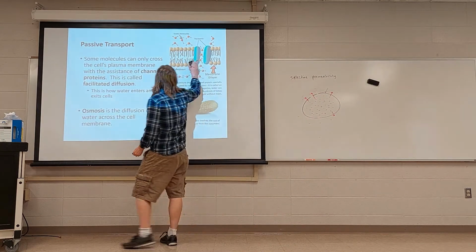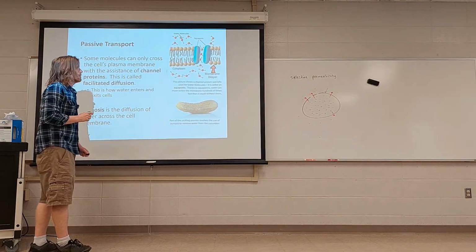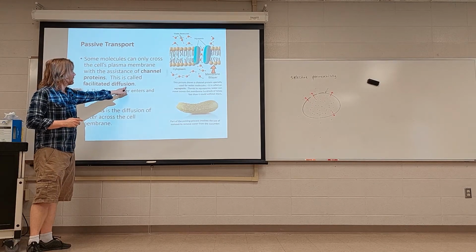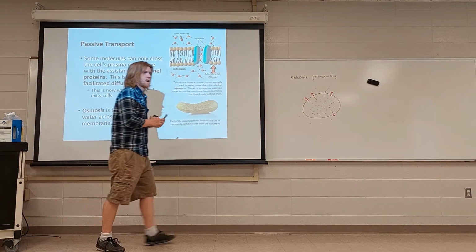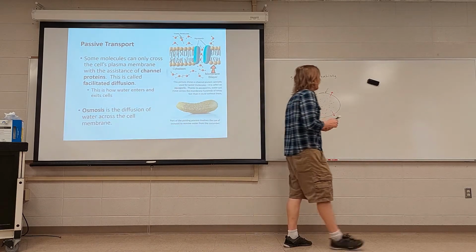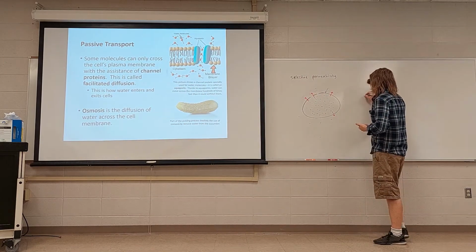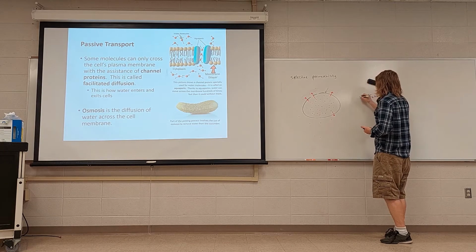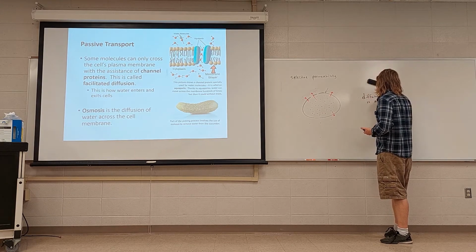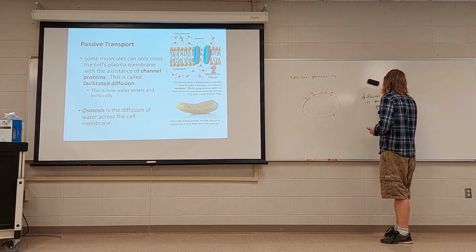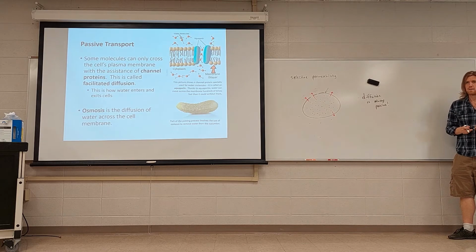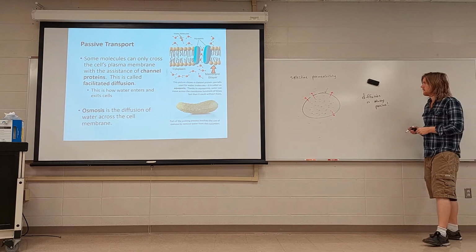If you've got a channel protein like that, providing a pathway, it's still diffusion, but it's called facilitated diffusion. But the key there is that it still doesn't use any energy. Diffusion is always going to be passive, no energy required.